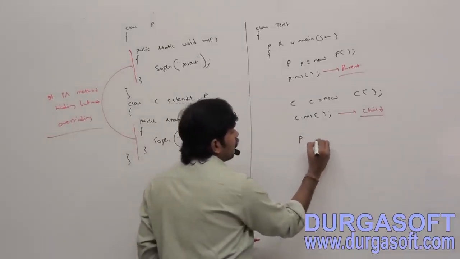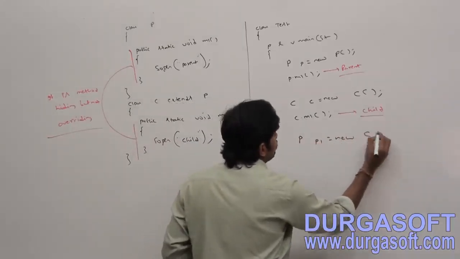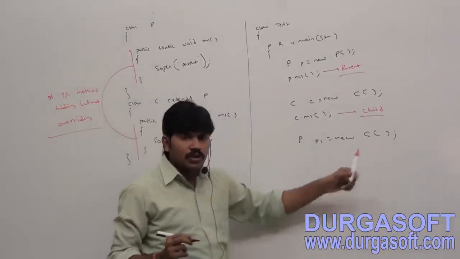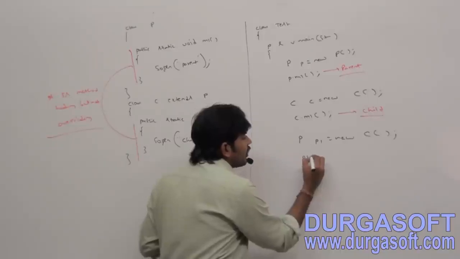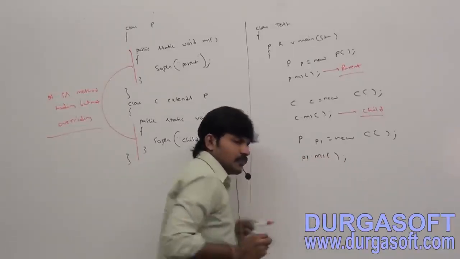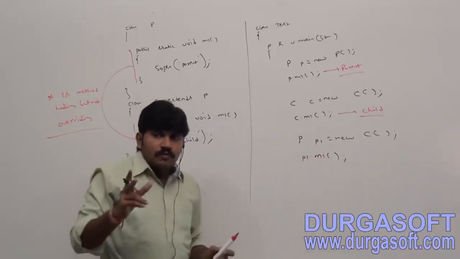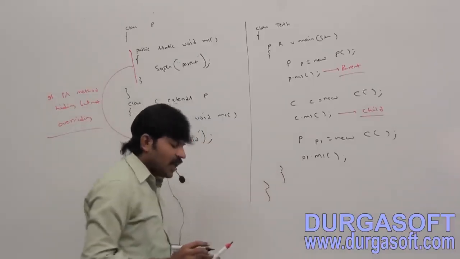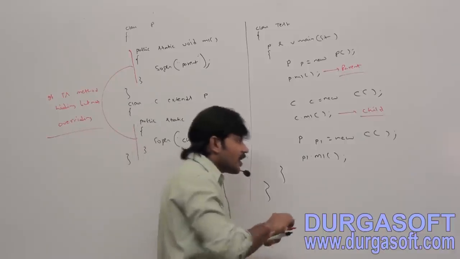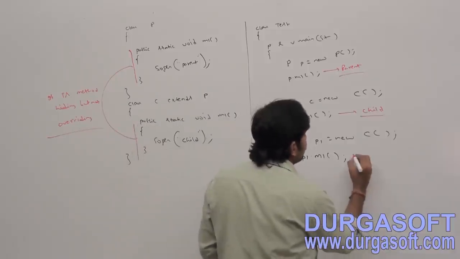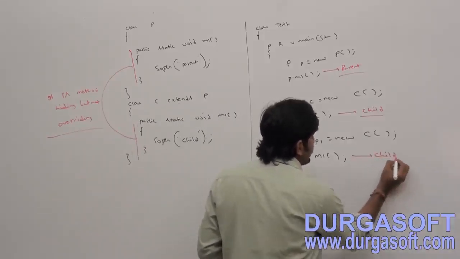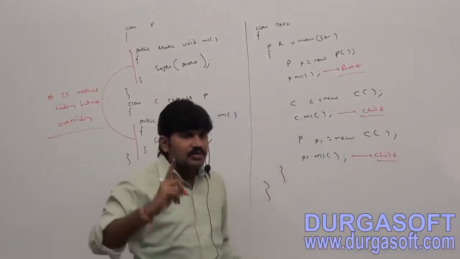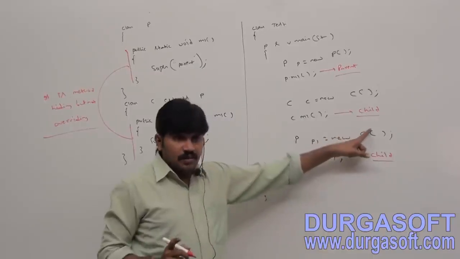Now Parent p1 is equal to new Child. Have you remembered? A parent reference can be used to hold a child object. p1.m1. If it is overriding, which method will get the chance, child method or parent method? Child method, because in overriding, method resolution is always based on the runtime object.